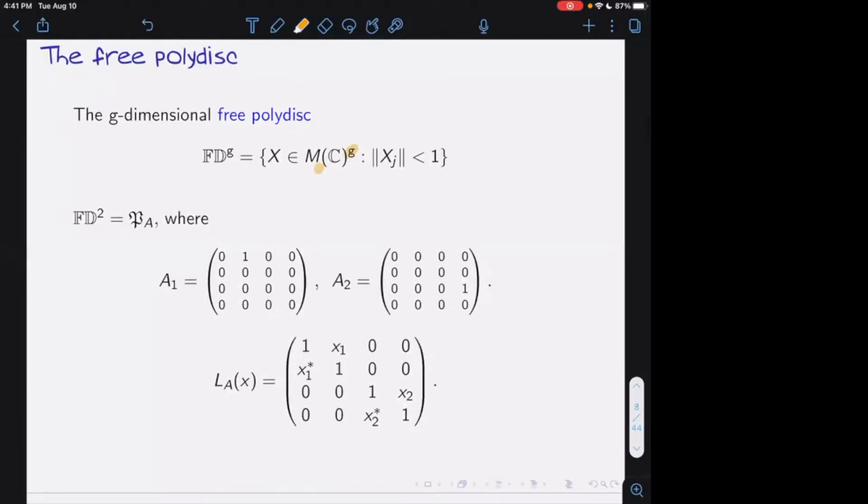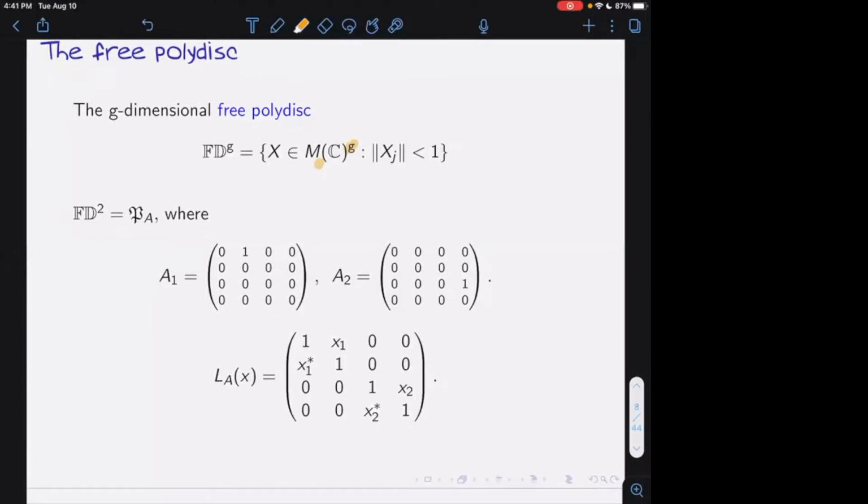If you want to write that using a monic linear pencil, here it is. You take this 4x4 gadget and you get this pencil, and the upper left corner is telling you that X1 is a contraction. The bottom right corner tells you that X2 should be a contraction, if you ask that this be positive definite when you plug in matrices X1 and X2.